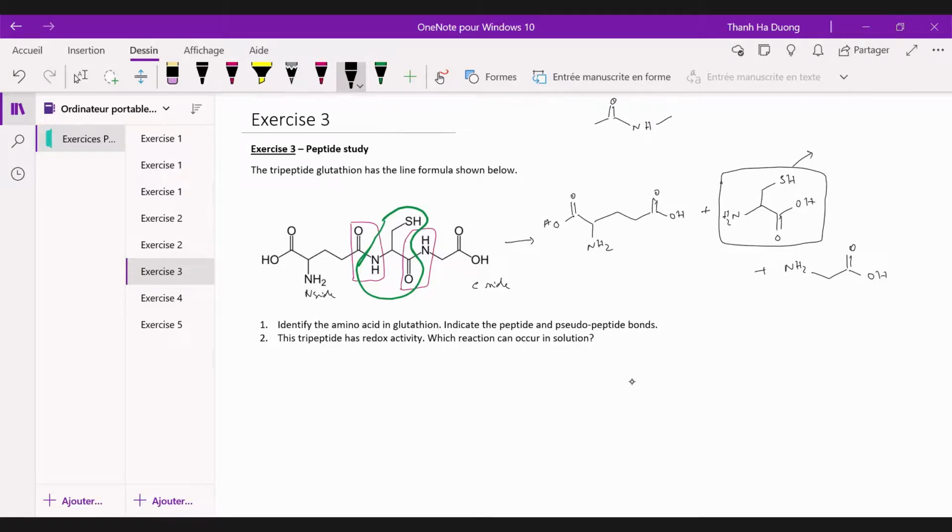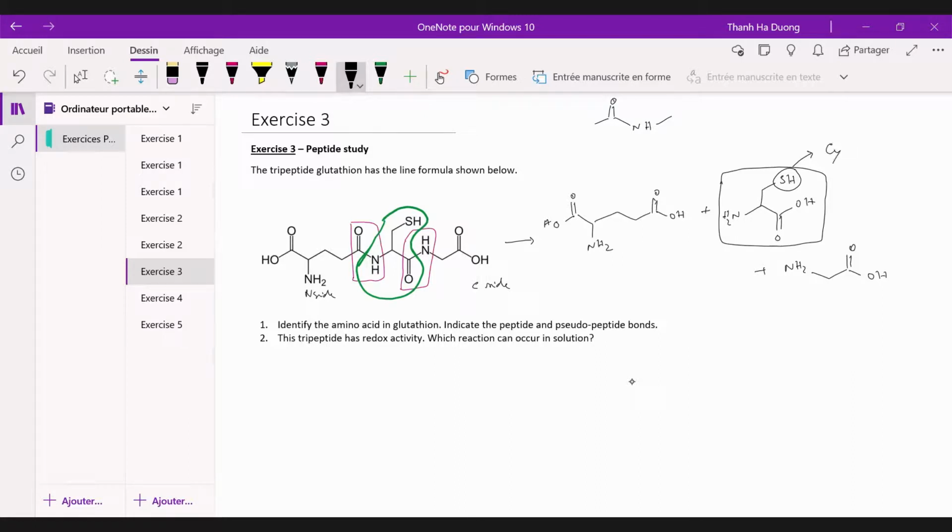It's very important, I told you, with this group. What is the name of this amino acid?